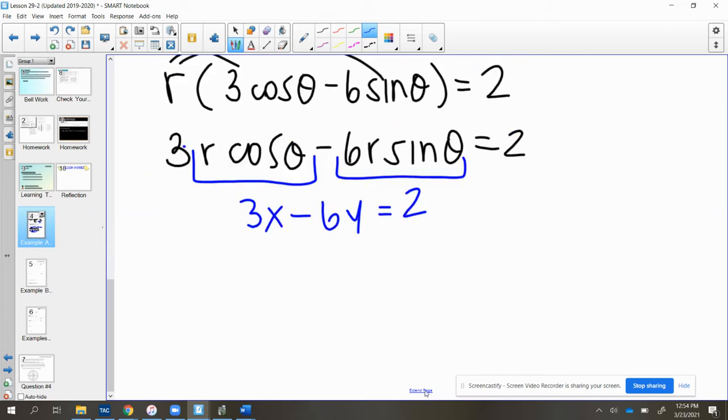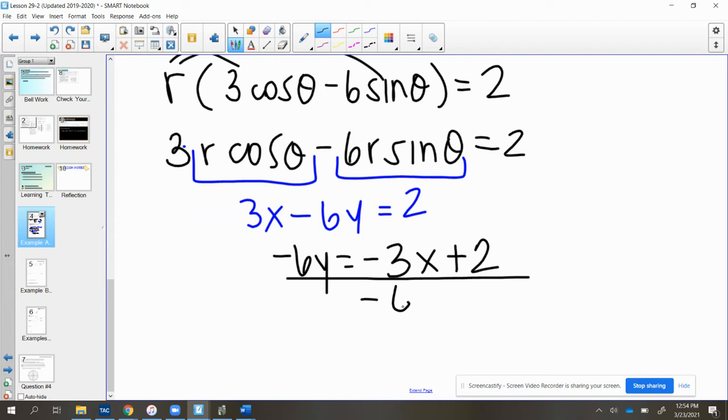And officially, to be able to tell a little bit more details about this line, we like it in the y equals format, slope-intercept form, so we can start telling a little bit more about this line. So bring over the x value, divide everything by the -6, we get y equals 1/2 x minus 1/3.